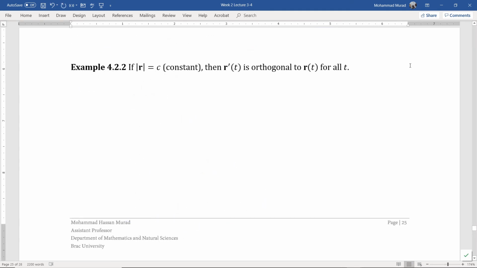Let's have a look at an example of the application of these product rules. If R is a vector which has a constant magnitude c, then R prime of t, the vector, is orthogonal to the vector R of t for all t.